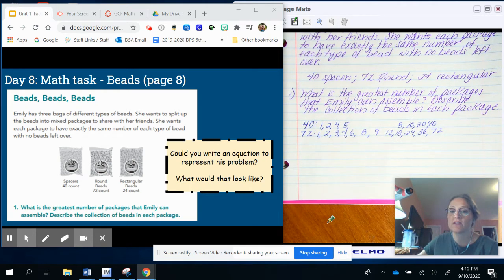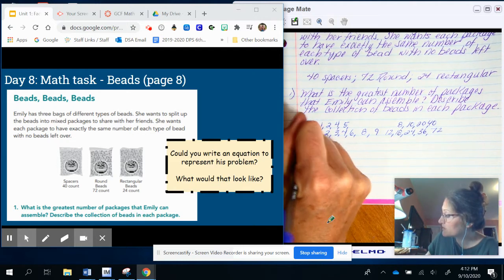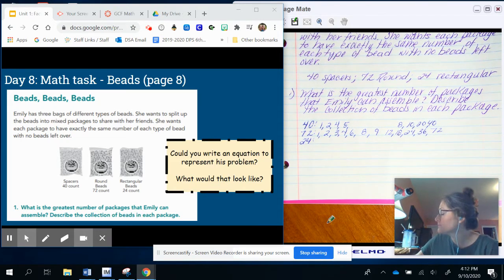And now we're back to the other side of the list. So 72 is the most complicated of the group, and 24 is the least complicated of the group.